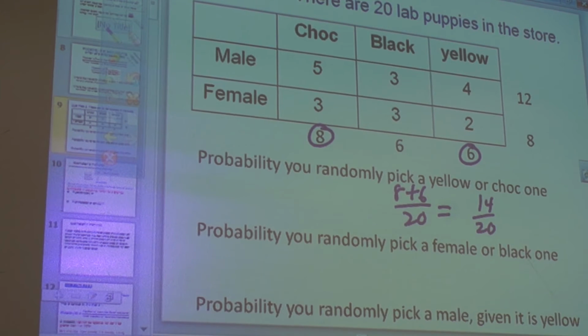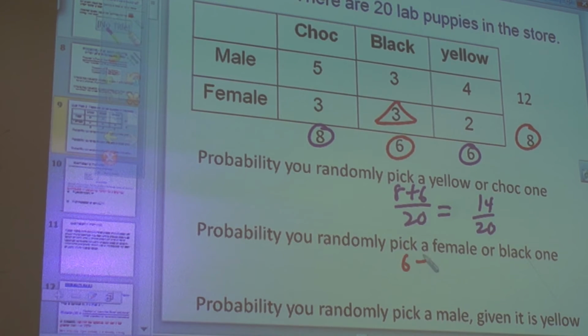Probability you randomly pick a female lab or a black lab. Yeah, 11 out of 20. Are these ones mutually exclusive? No, they're not. They have some overlap. So female, 8, black, 6, but they have overlap. You have to subtract out the overlap.